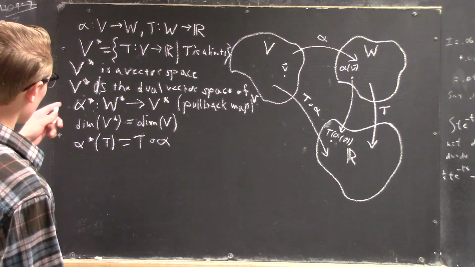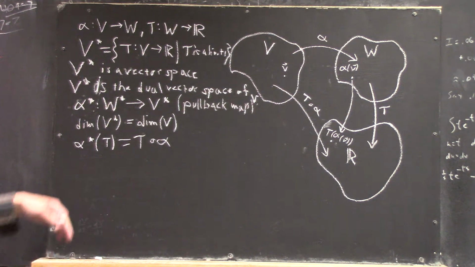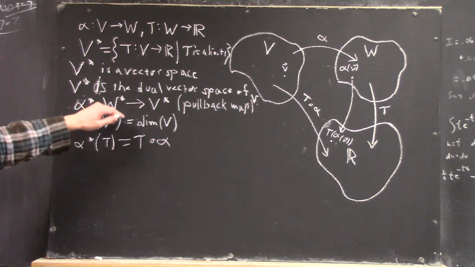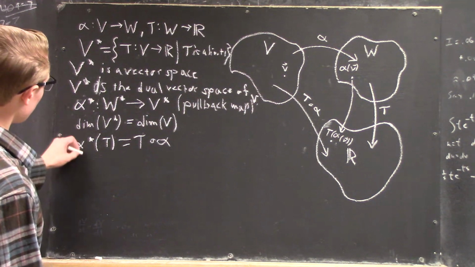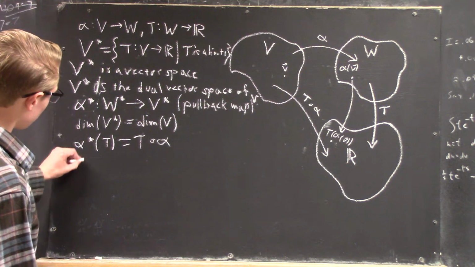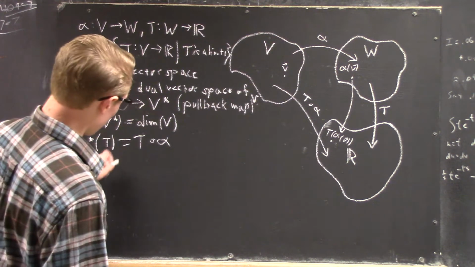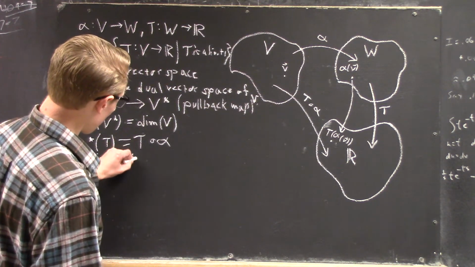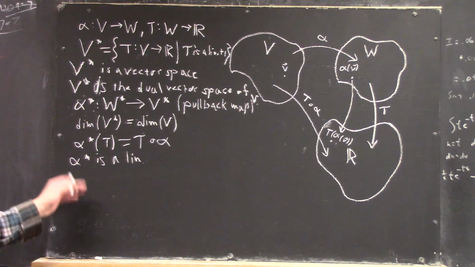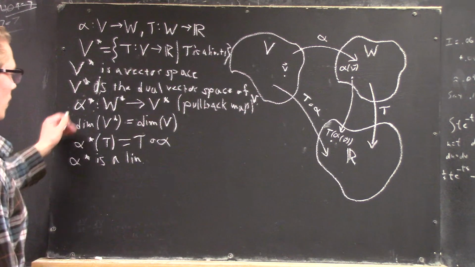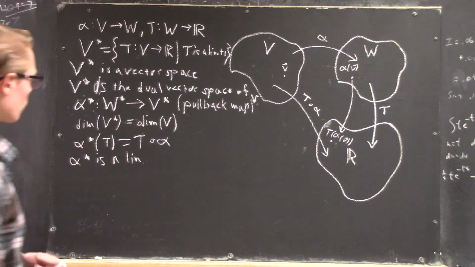The reason I'm not proving these things is because they're rather trivial to write out. But the pullback function is also a linear transformation. Of course, this would be proven by showing that the properties of addition between the transformations and scalar multiplication remain consistent with the transformation.